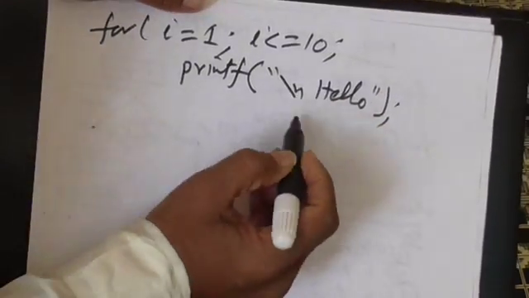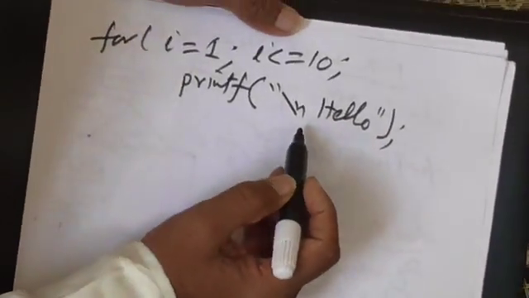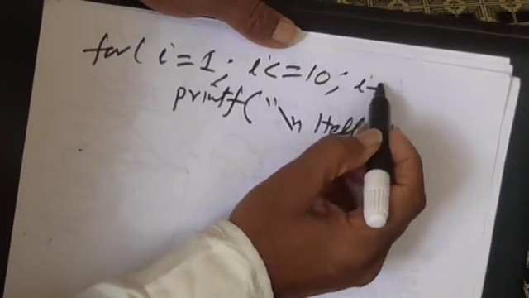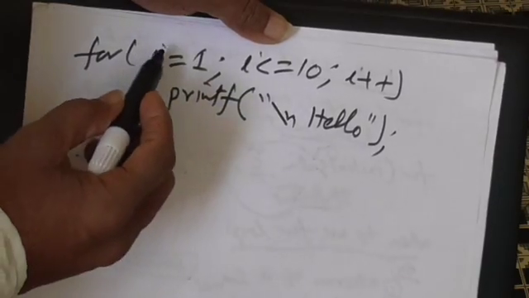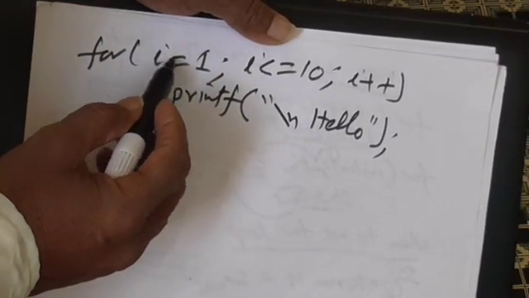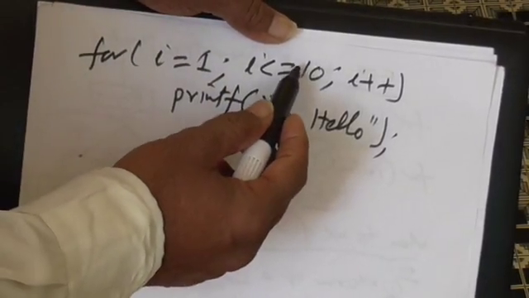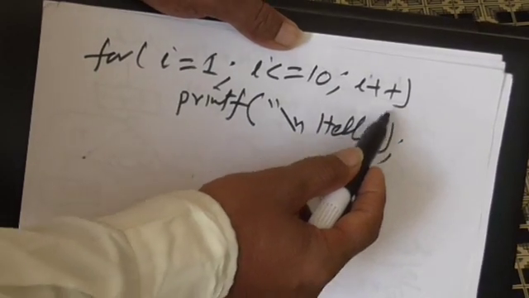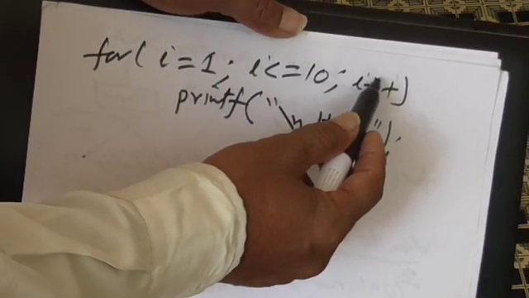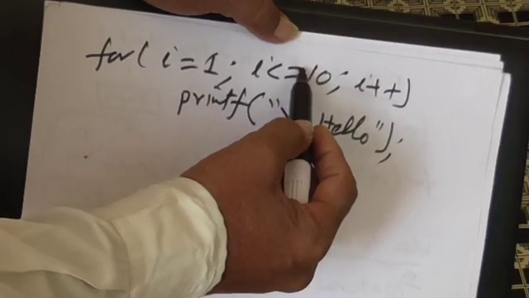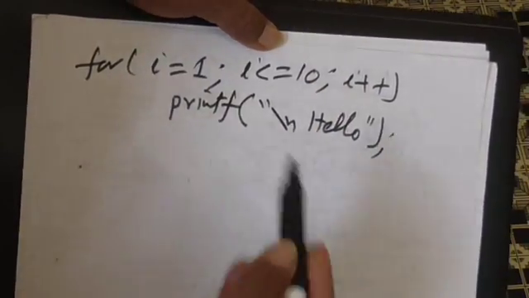As I just stated, this will be first initialized, checked, and executed, then i++ increments i, and then it is checked again. So this process will go 10 times.